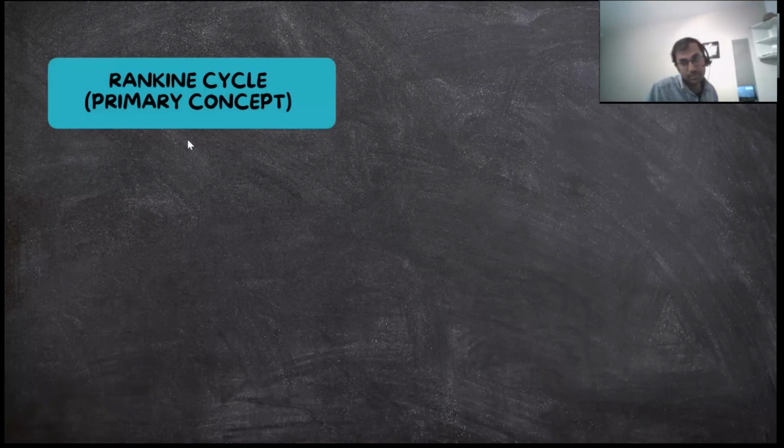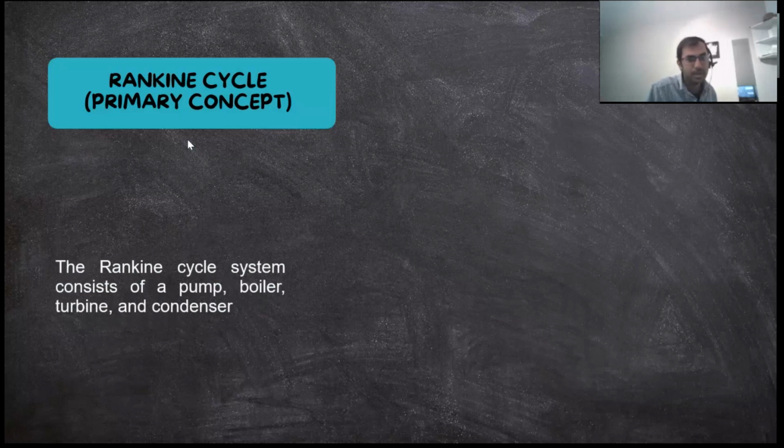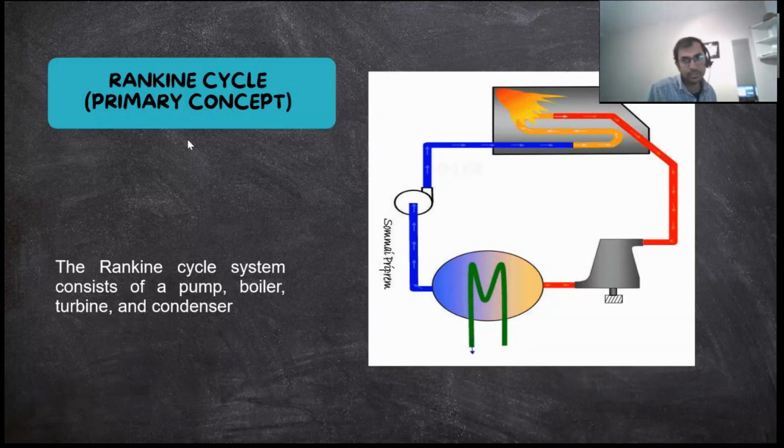Now, where did this refrigeration cycle come from? Let's go back a little. This is a Rankine cycle. The Rankine cycle system consists of a pump, boiler, turbine, and condenser. In the boiler, heat is added and the water forms steam. Then it goes to the turbine.